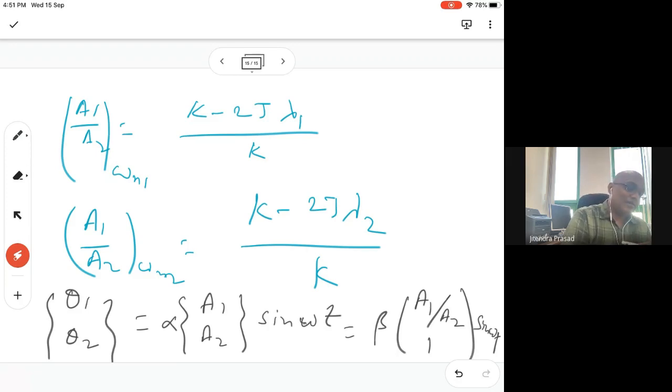Similarly for the second mode, A1 and A2, you get two types. One you will get for lambda 1, the other you will get for lambda 2. So there will be two theta 1 and theta 2 associated with the different frequency.